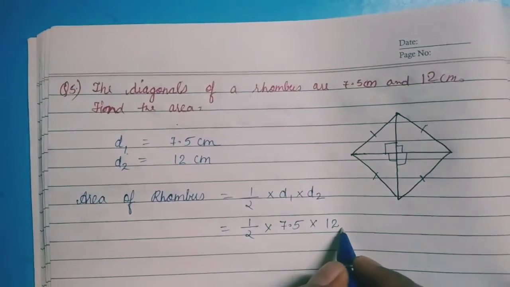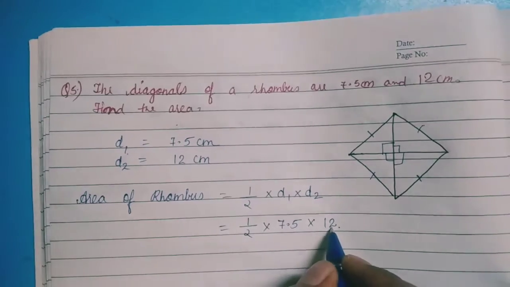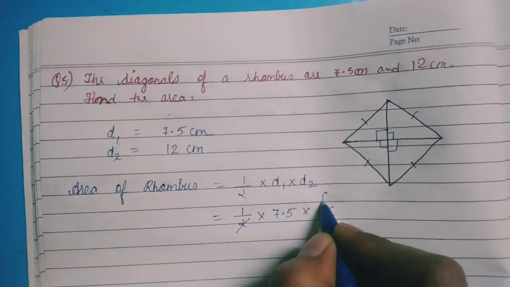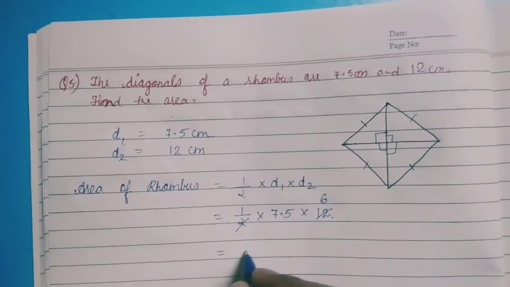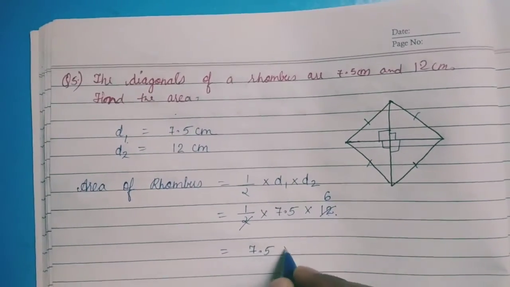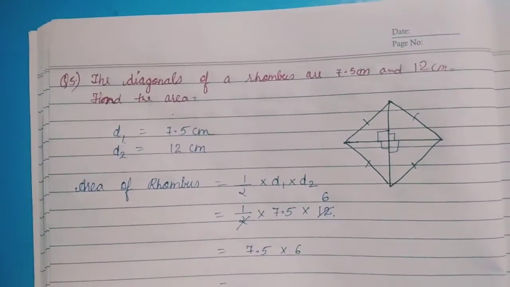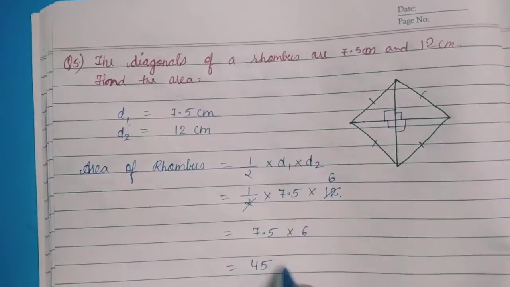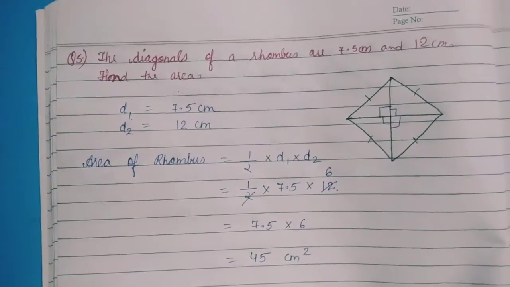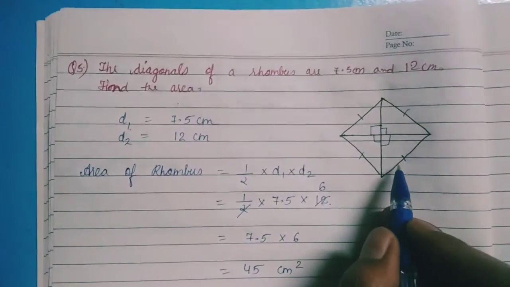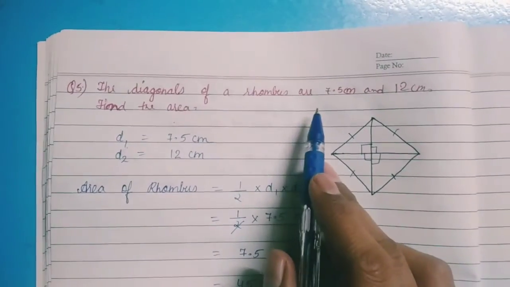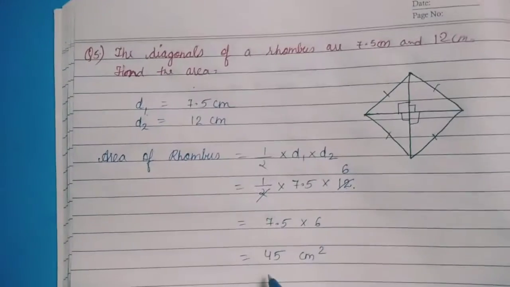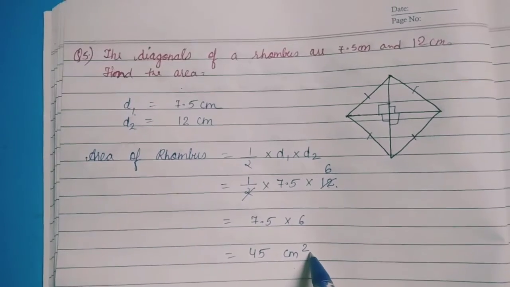Everything is in multiplication, so we will reduce 12 by 2 and it gives us 6. So simply we have to multiply 7.5 by 6. It gives us 45 centimeter square. So the area of the rhombus with the given measurements is 45 centimeter square.